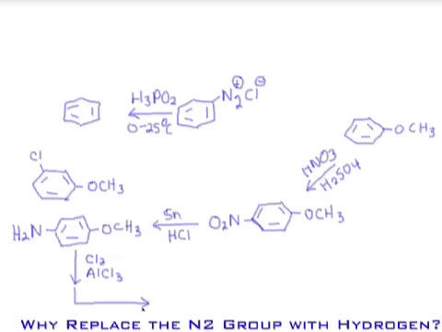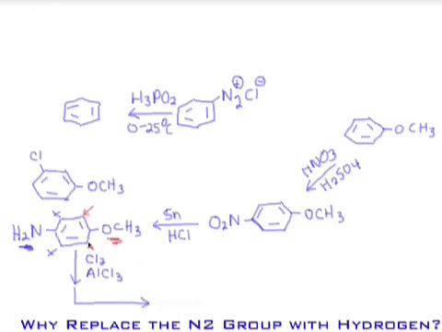Apply our third substitution rules. In the third substitution, when you have two activators directing to different positions on the ring, the strongest activator wins out. Aniline is an ortho-para director. Well, we can't substitute for methoxy in the para position, so aniline is trying to substitute ortho. The methoxy group here is directing ortho to itself.